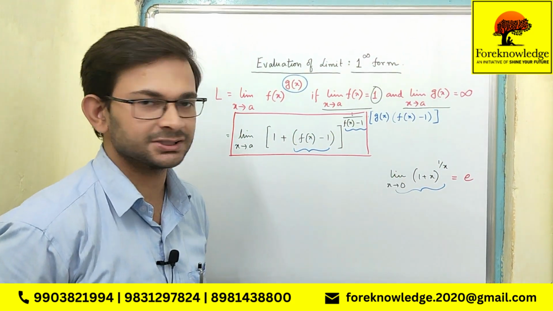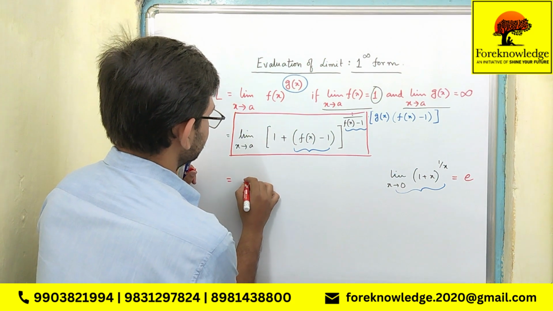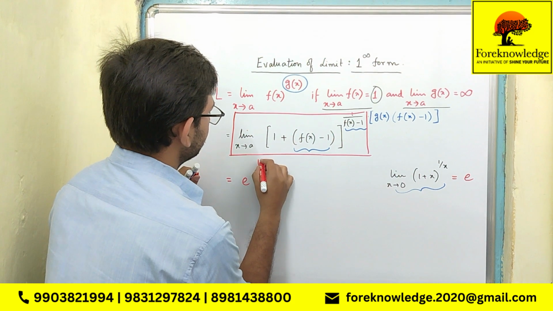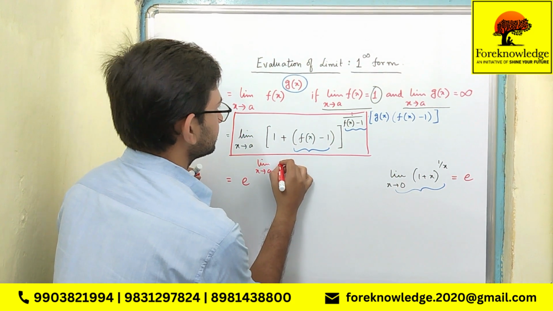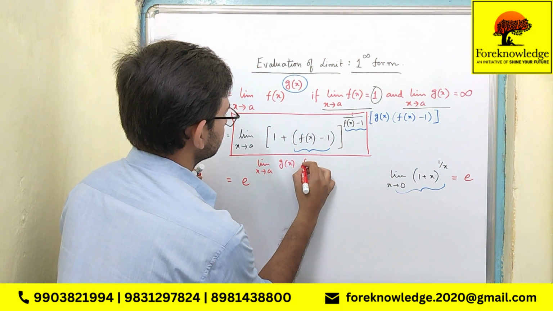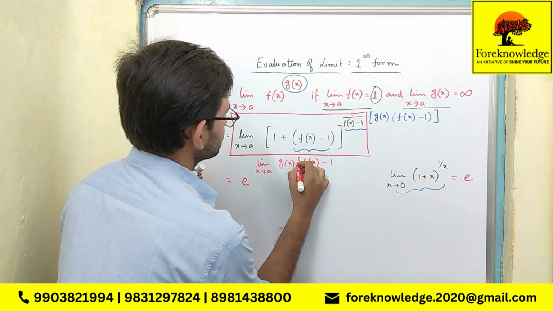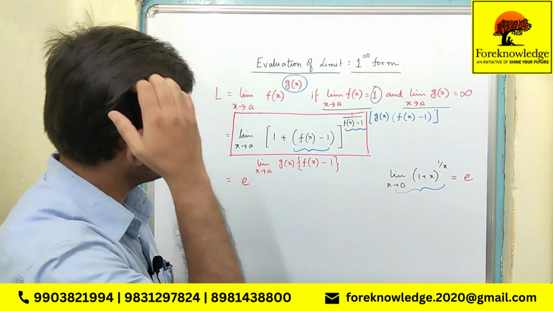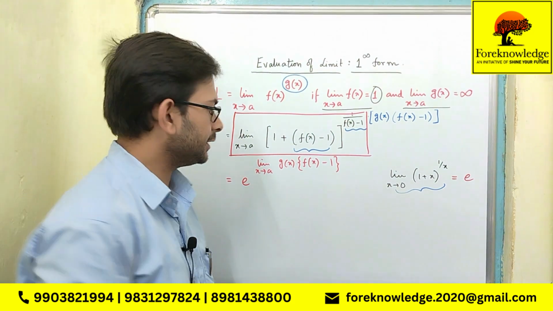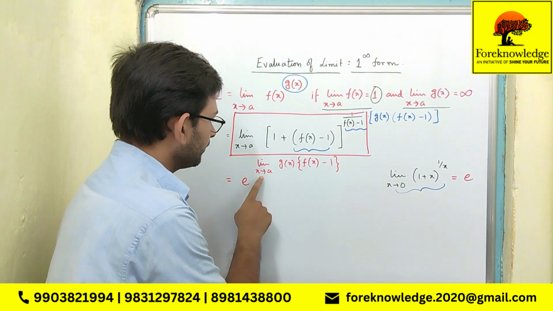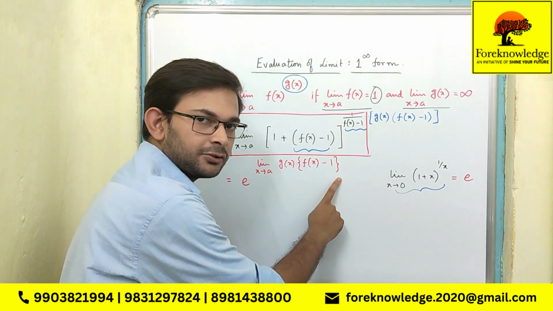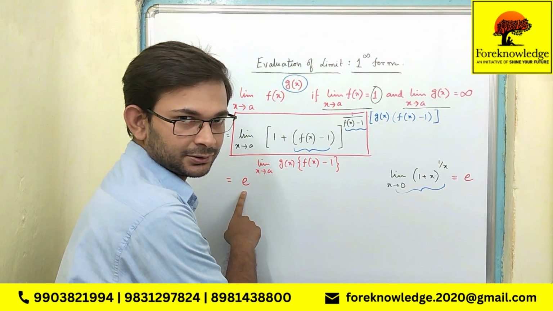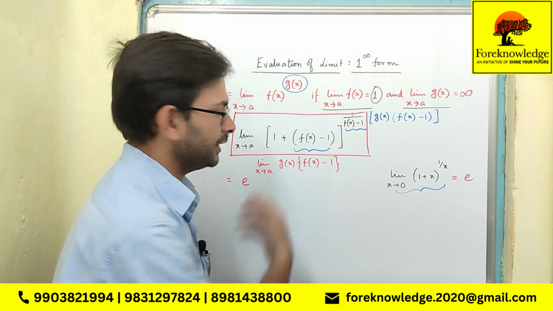So the entire thing becomes e to the power limit x tends to a of g(x) into (f(x) minus 1). So if we can evaluate the limit for this function only, with this e present, we can evaluate the value.